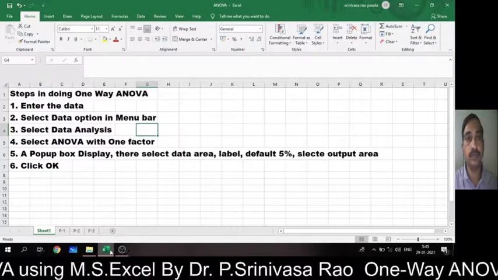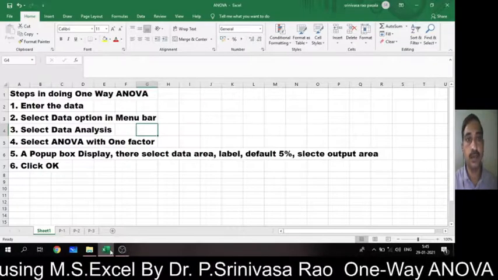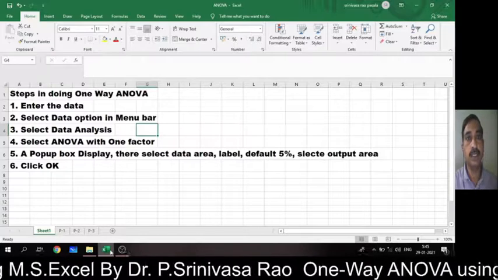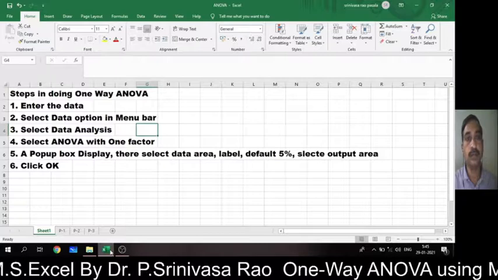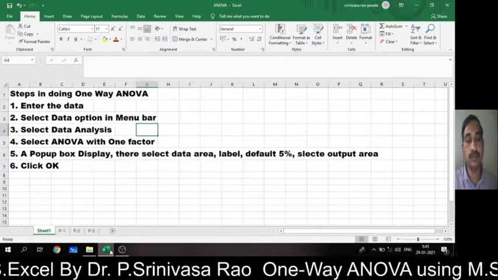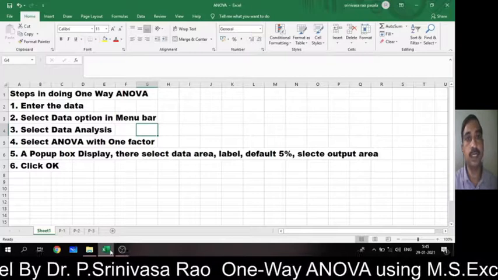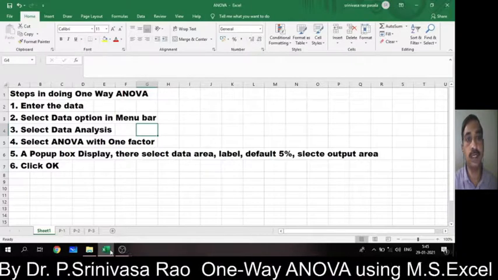Welcome to today's class on one-way ANOVA using MS Excel. It was first used by Professor R.A. Fisher for analysis of agricultural data.